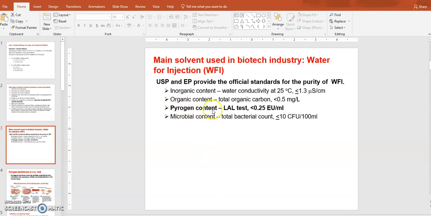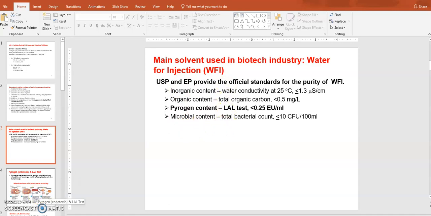So pyrogen content matters in your injectable drugs, because your drug will have a lot of water in them. So you will have very little amount of pyrogen or endotoxin in there. How little? It's less than 0.25 endotoxin unit per every ml of water. So you need to measure all these contents and check if your water meets these standards or not.